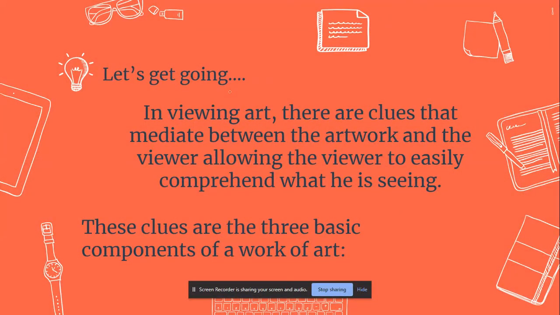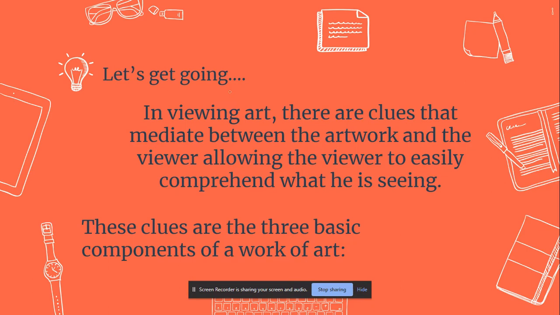So now, in viewing art, there are clues that mediate between the artwork and the viewer, allowing the viewer to easily comprehend what he or she is seeing. Now, these clues are the three basic components of a work of art.